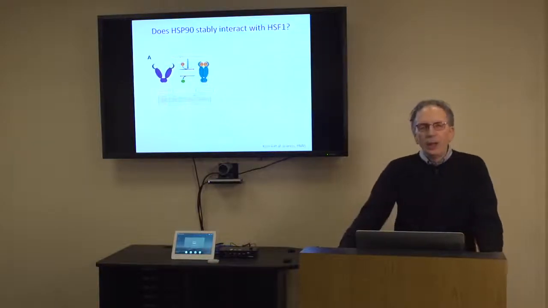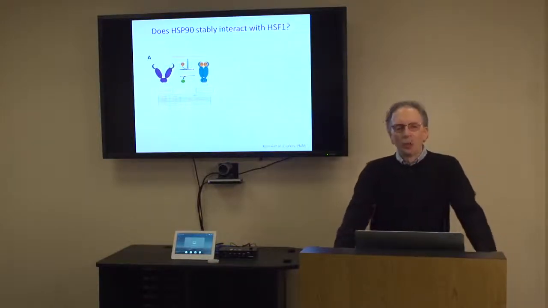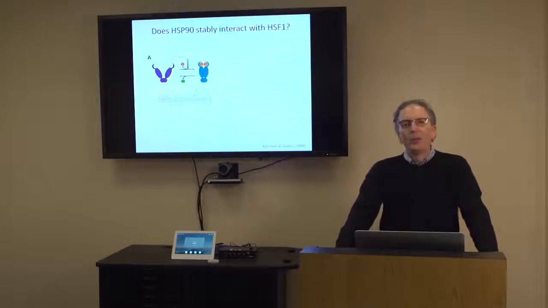So we decided to examine more closely if we could detect a stable interaction of HSP90 with HSF1. And to do that, we used two sets of mutants. The first set of mutants keeps HSP90 in an open conformation by preventing ATP binding.